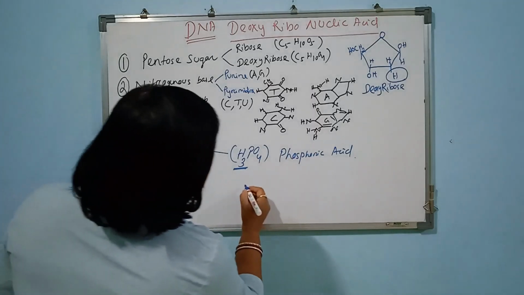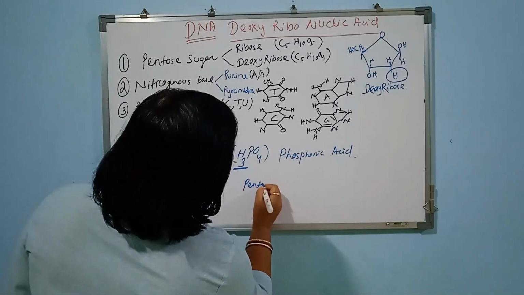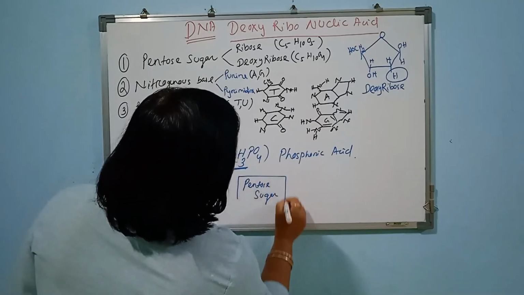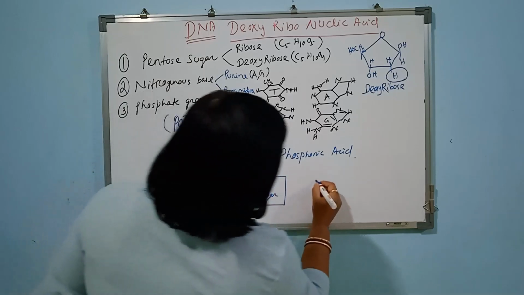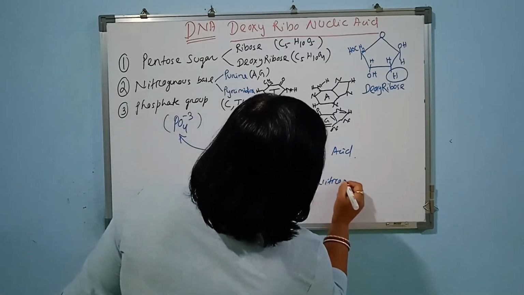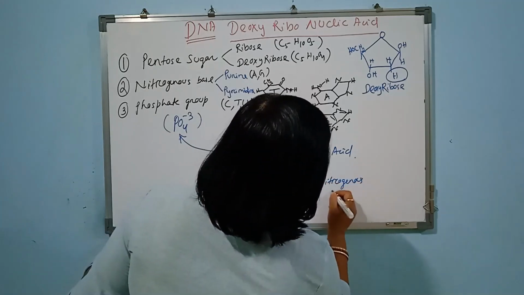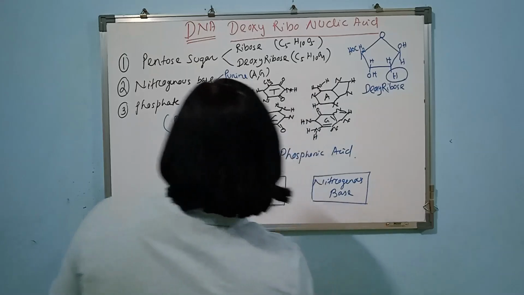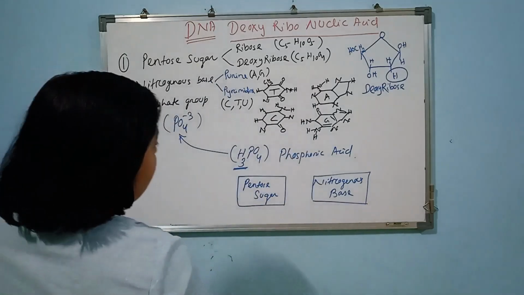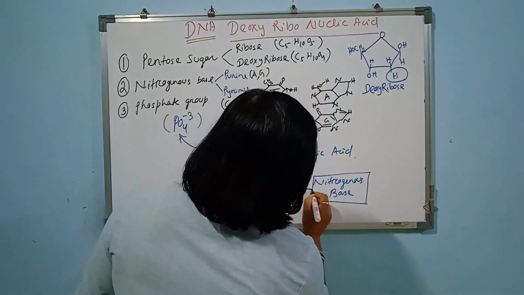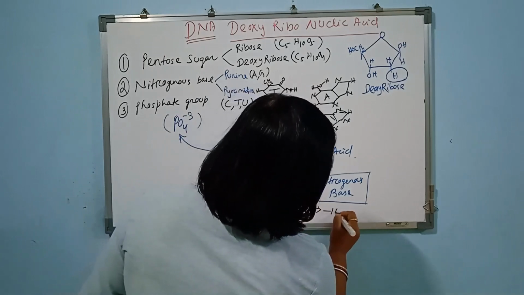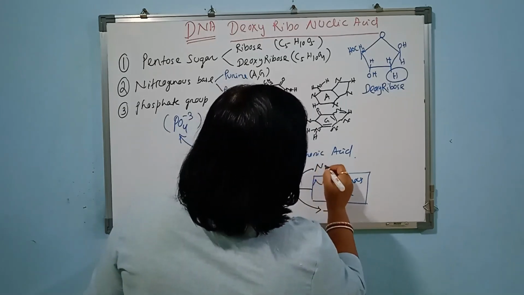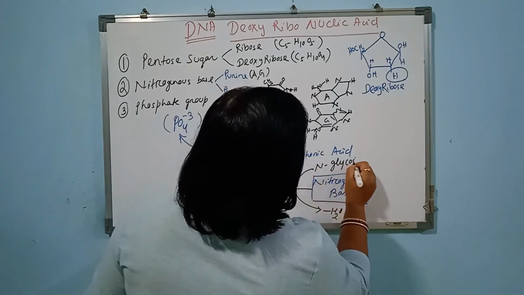When this pentose sugar makes a bond with this nitrogenous base, it will lose water and it will form a glycosidic bond.